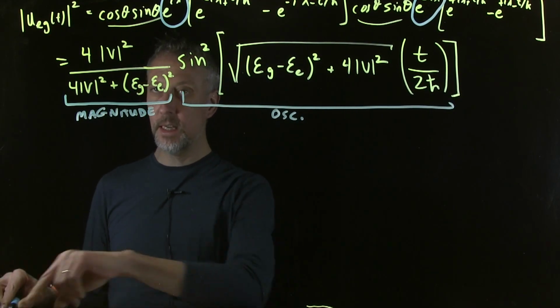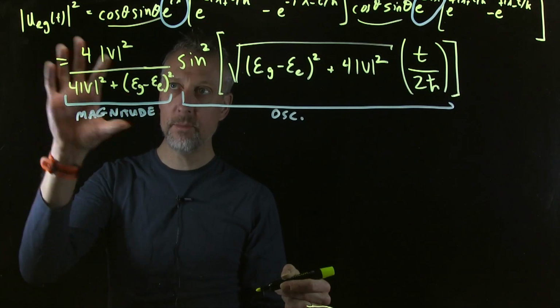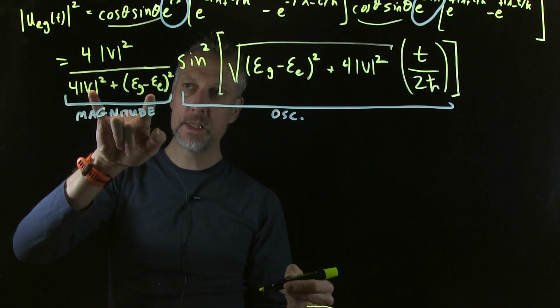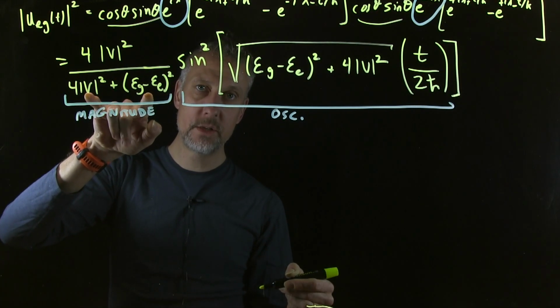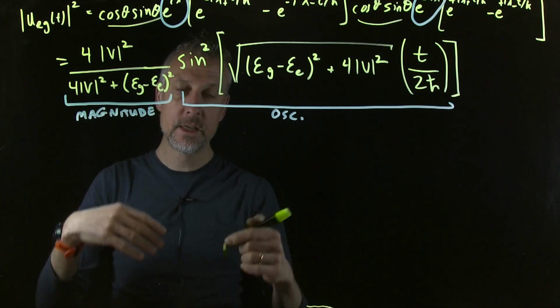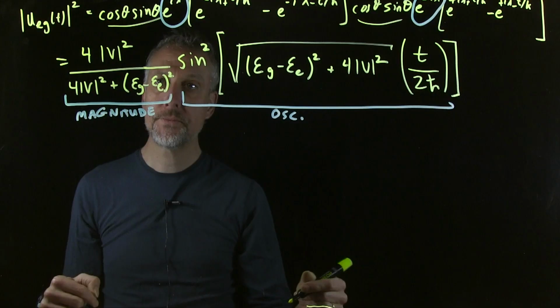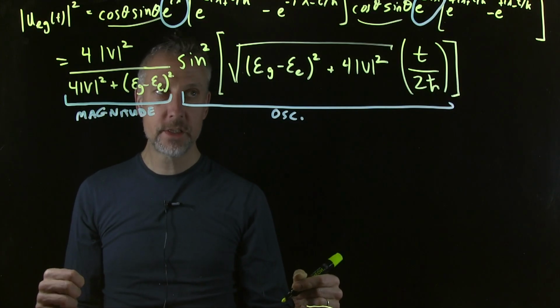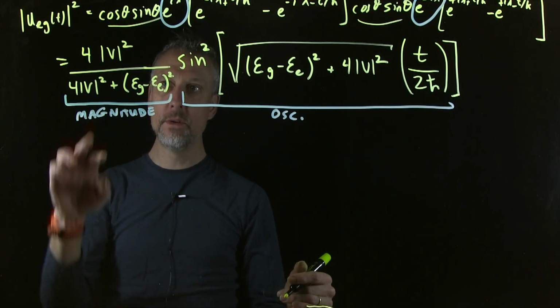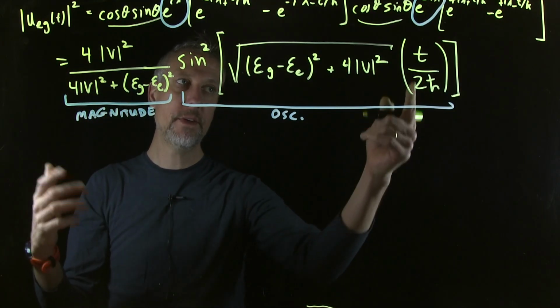And you can see the amount of oscillation you get, this magnitude, depends on basically the relative amount of coupling versus the initial what we call the detuning, the difference in the energies between the two states without any coupling at all. Okay, so maybe it looks like there's a lot of terms here, but there's really not much. There's only the parameters in the Hamiltonian, and that's it, and time.